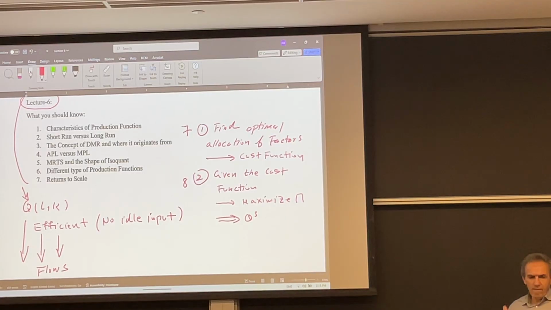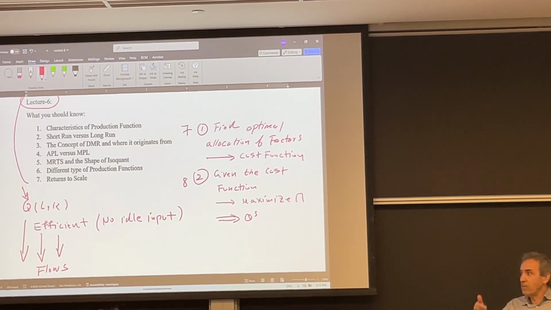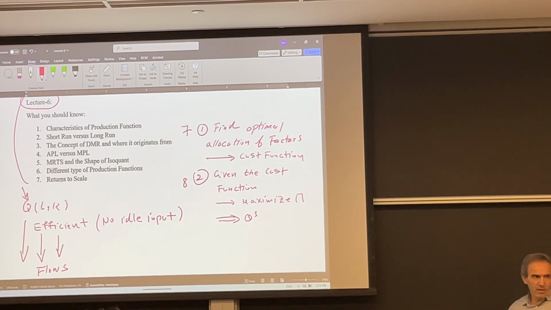Say, a farmer uses 20 tractor hours a season, 100 labor hours a season, produces this amount a season. That's the flow. The labor and capital are in terms of how much of them you use for a given period of time. So what you have is irrelevant. That's a stock of capital, stock of labor, that's irrelevant. How much is used in the period of time, that's relevant. That will give you how much you produce for that period of time. So all the numbers in production are flows, not stocks.